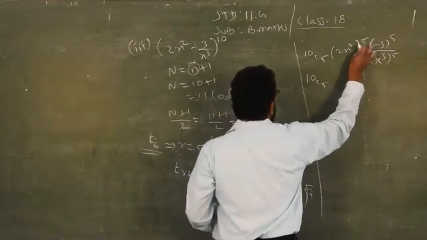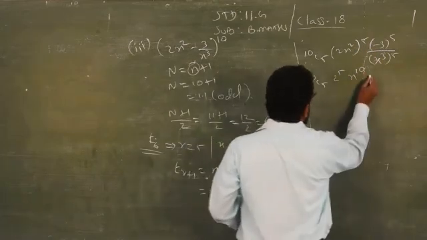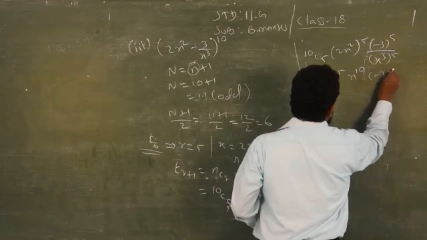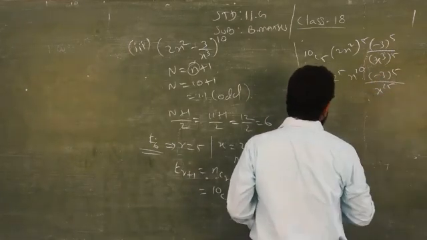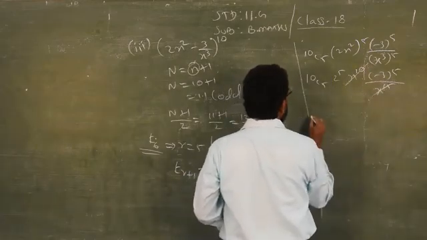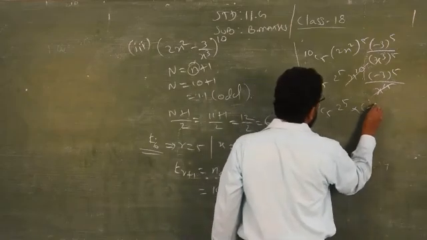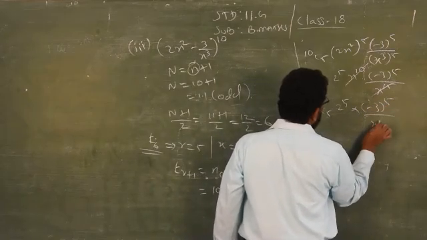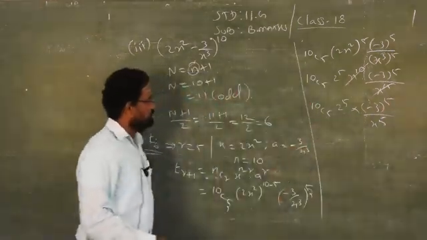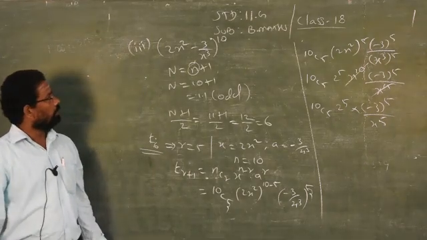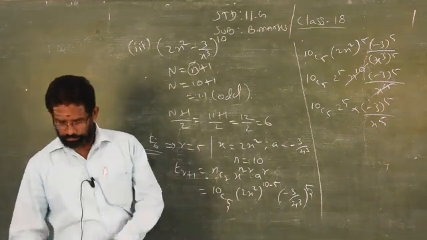Then you know how to expand this. 2 power 5, power to power you have to multiply. Then minus 3 power 5 by x power 3 times 5, 15. Then simplify this: 10C5 2 power 5 into (minus 3) whole to the power 5 by x power 15. So simplify by using the calculator and write down the answer. So this is the method to find the middle term of the binomial sequence. Clear? So we will see the remaining problems in the next class. Thank you, boys.